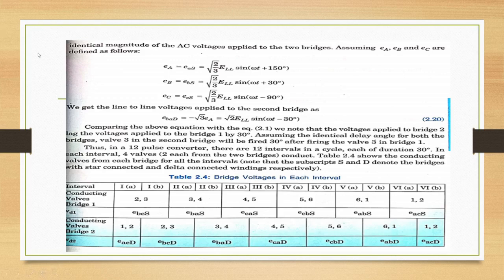Here, conducting valves in bridge 1 are 2, 3, 3, 4, 4, 5, 5, 6, 6, 1, 1, 2. For 2, 3 the voltage is EBCS, 3, 4 EBAS, 4, 5 ECAS. For conducting valves in bridge 2: 1, 2, 2, 3, 3, 4, 4, 5, 5, 6, 6, 1, voltages are EACD, EBCD, EAC and so on.